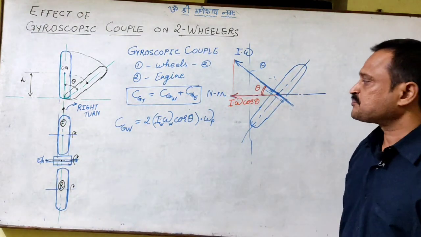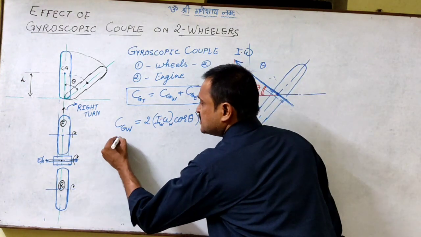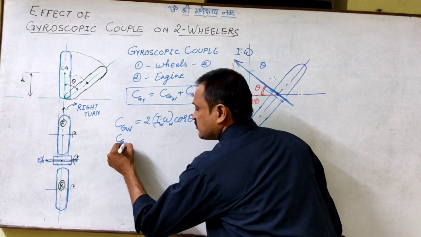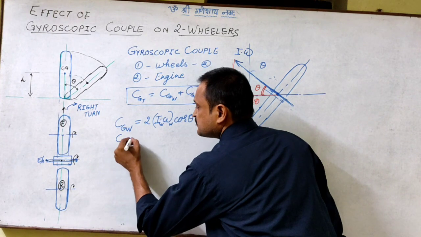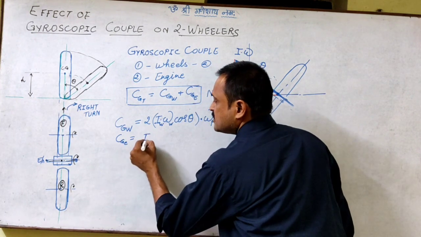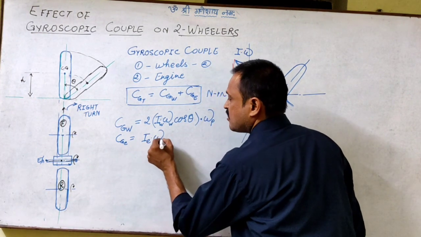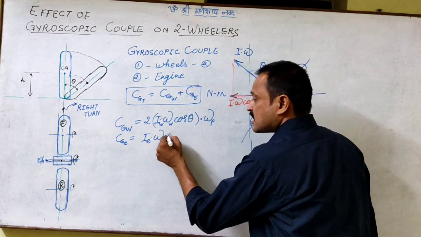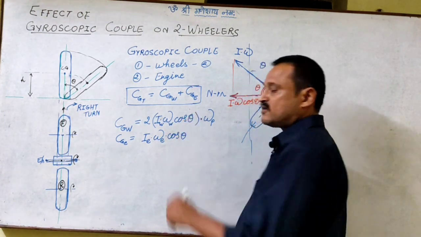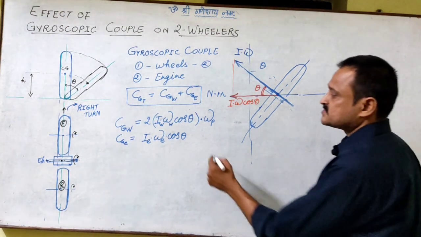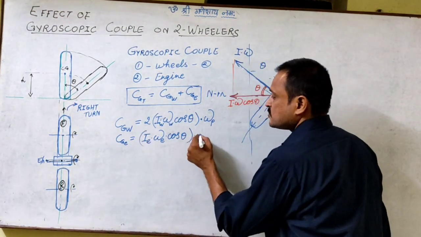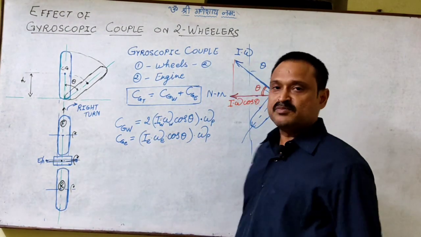Similarly, the gyroscopic couple due to the engine will be I of the engine, omega of the engine, and the cos component of this, into omega p. So what is omega p?